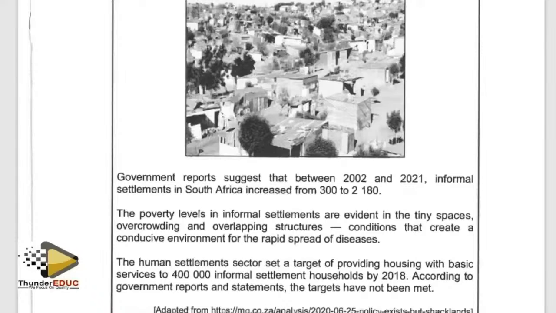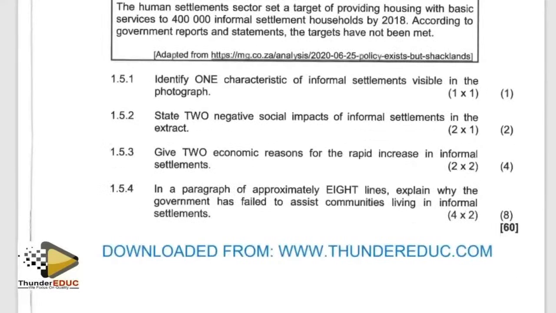I want us to outline them down here, but they say they want one. So you can say medium or small houses are built. Okay, the building density: small houses are built and there are no proper roads accessing the area.